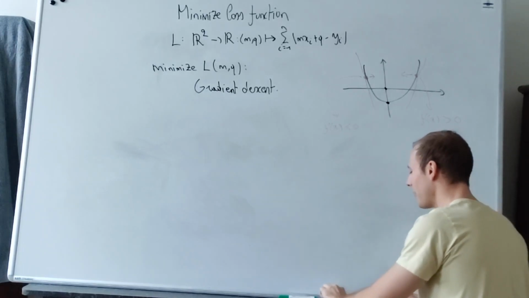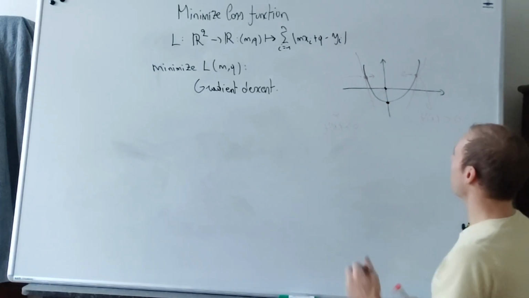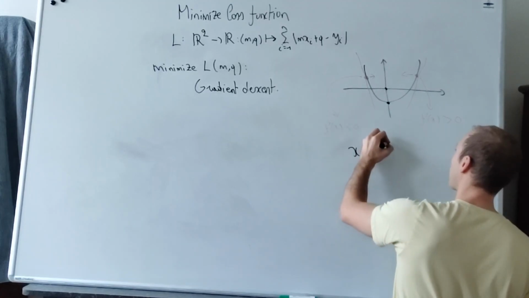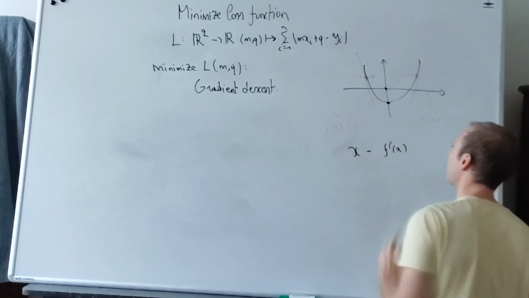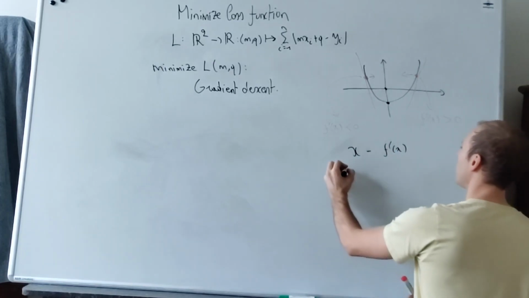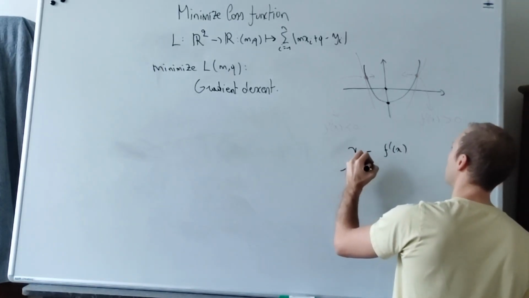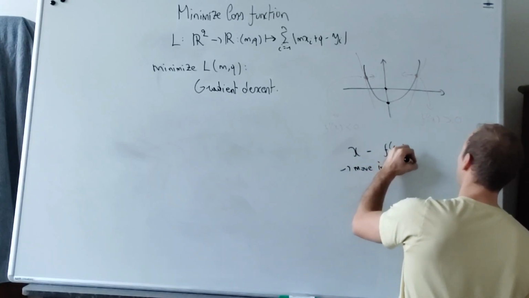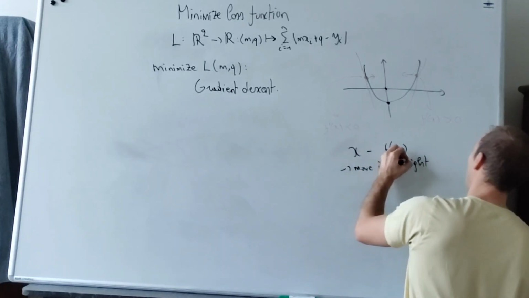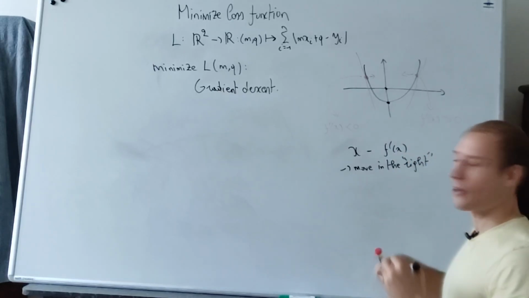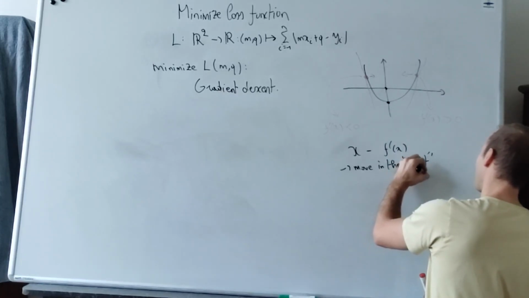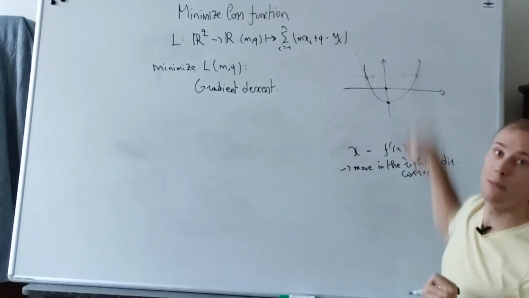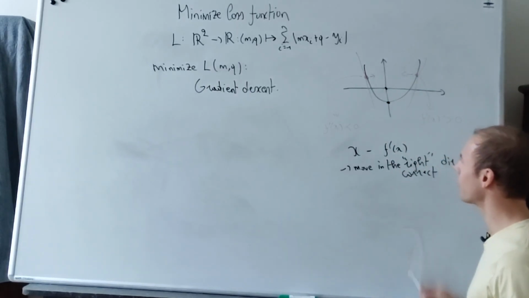So in both cases, if we go from x and subtract f prime of x, then we move in the correct direction, to where the minimum of the function is obtained.